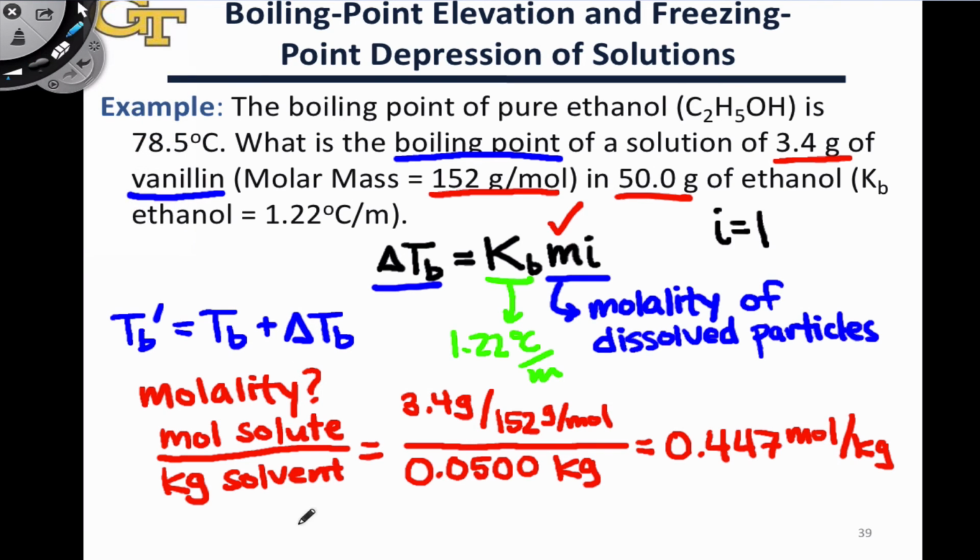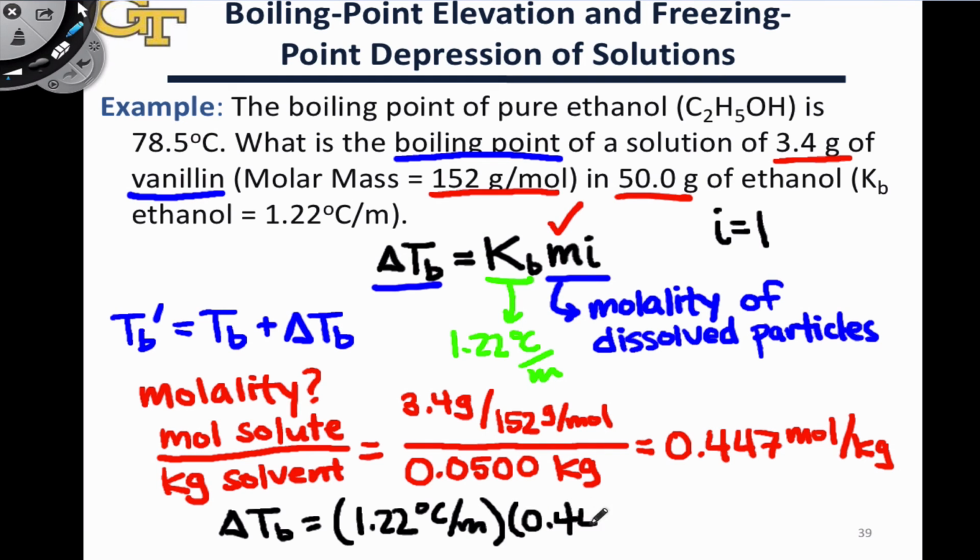So now we can plug back in to the boiling point elevation equation: 1.22 degrees C per molal times the molality of the solution, 0.447 molal, times the i value, which is equal to 1, is going to give us delta Tb.